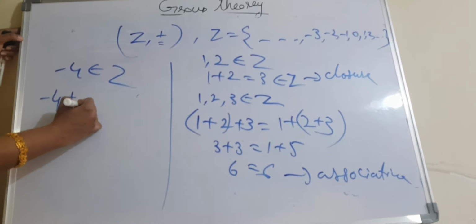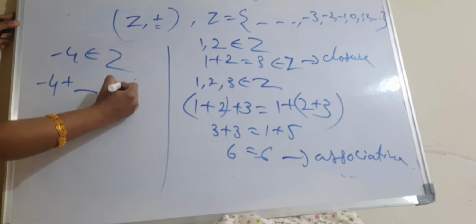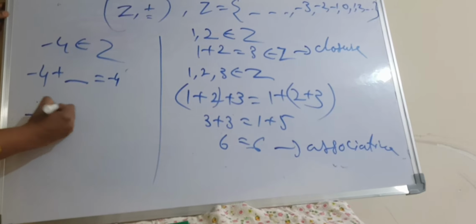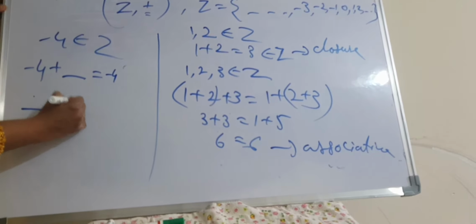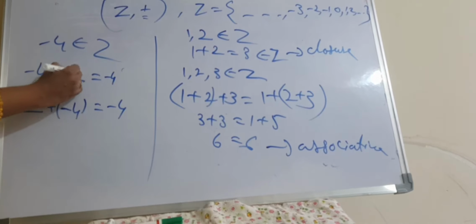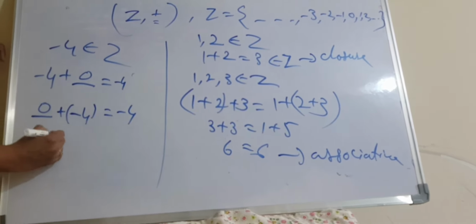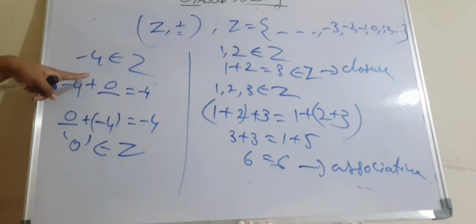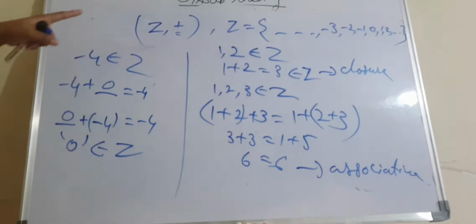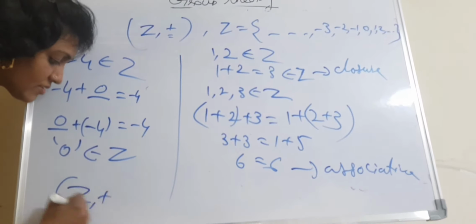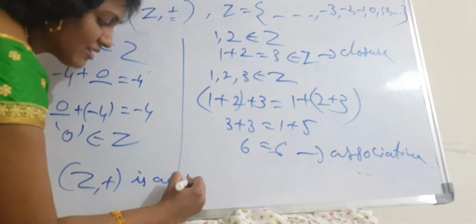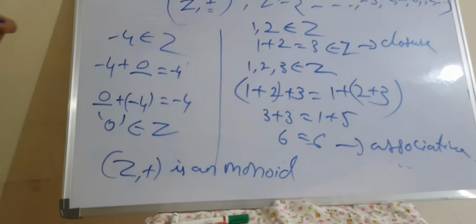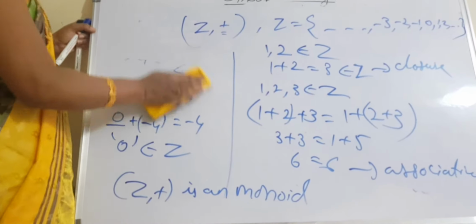Minus 4 plus something is equal to minus 4. When will we get minus 4? 0. Here 0 is the identity element, and it also belongs to Z. Therefore, it satisfies the identity element also. Therefore, Z plus is a monoid. Next, we'll see the existence of inverse.